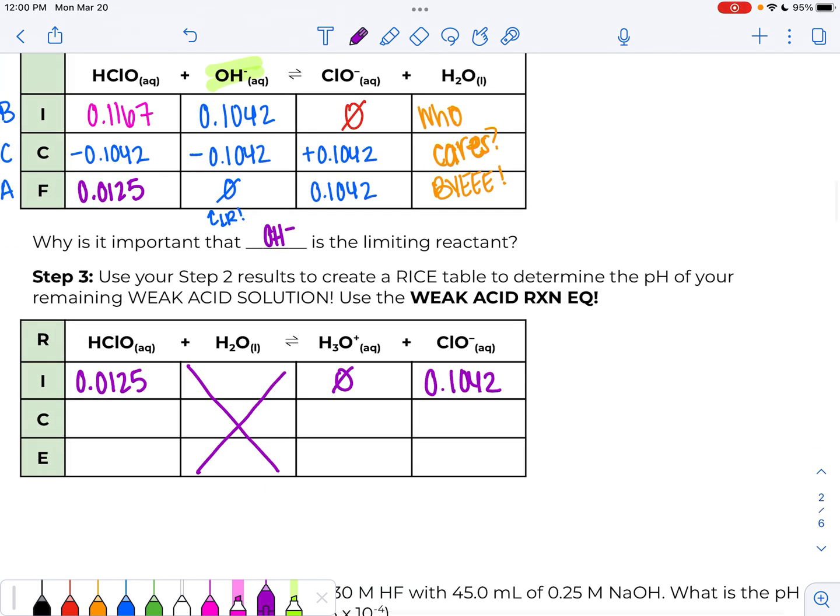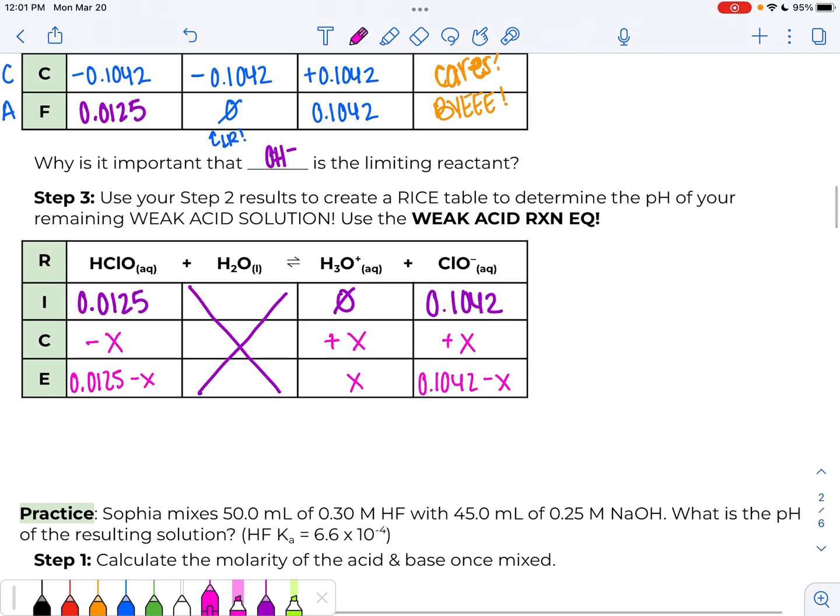So now we can solve this problem just like normal, like how we did the other ones. We're going to lose X amount of this acid and gain X amount for our hydronium ion and our conjugate base. So at the end, at equilibrium, we'll have these concentrations of all of our ions. So here we've got two things that are subtracting X out of the equation.